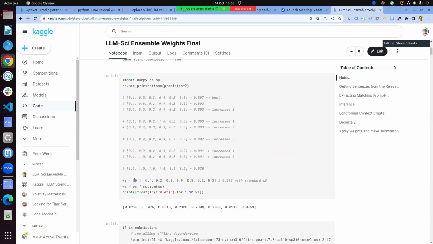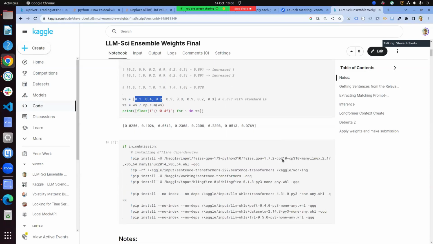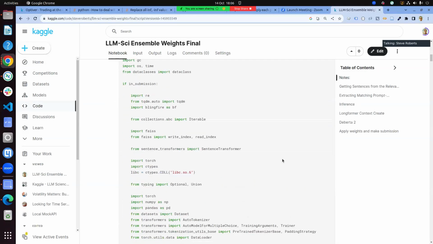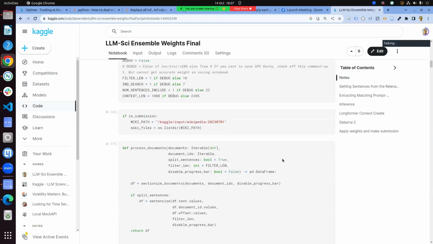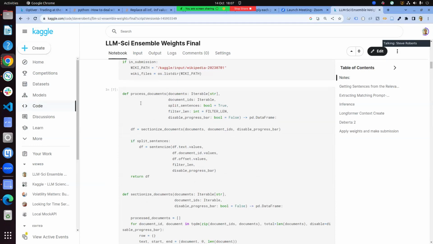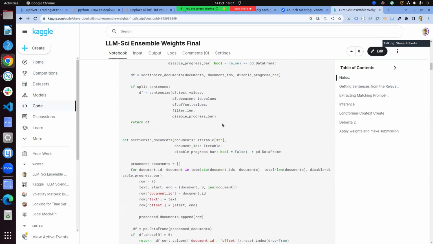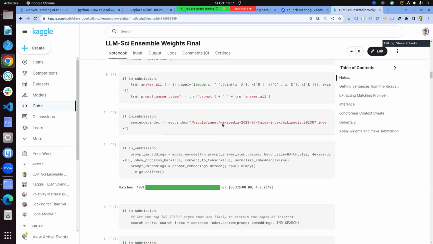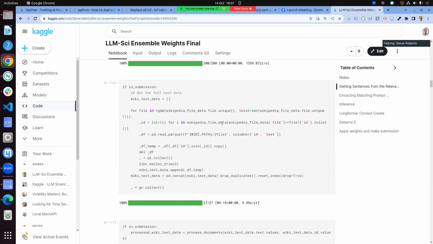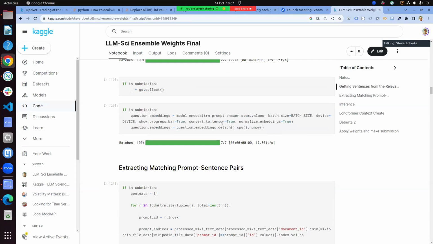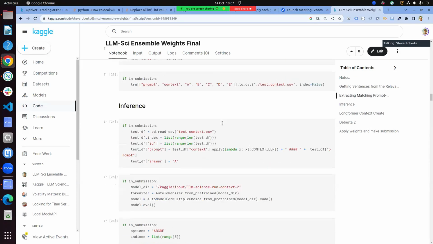So these first three are the DeBERTa models, the first DeBERTa model that was put up with context. You can see here this is processing the Wikipedia context in the standard way, so the context gets parsed and the sentences pulled out for each thing.